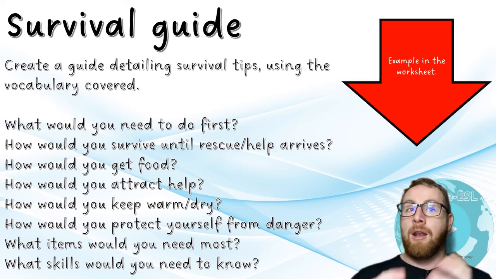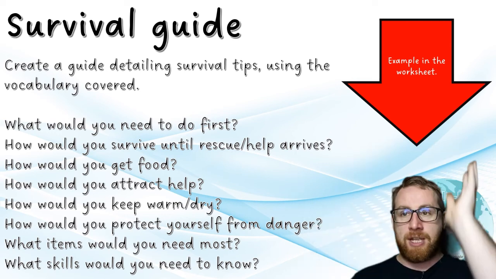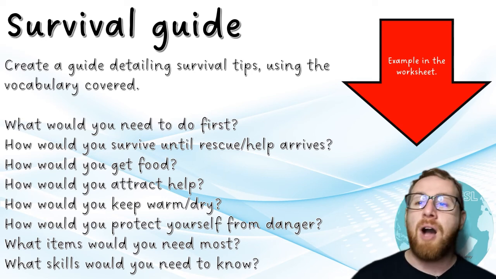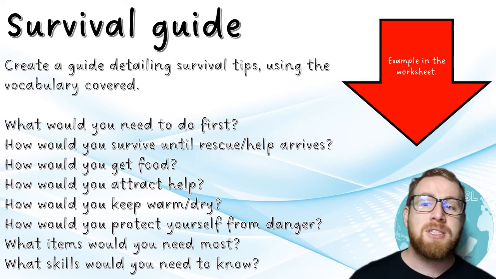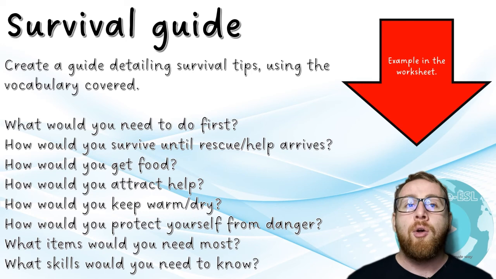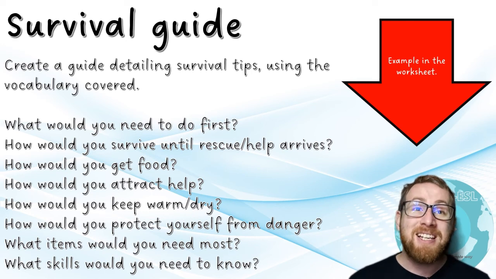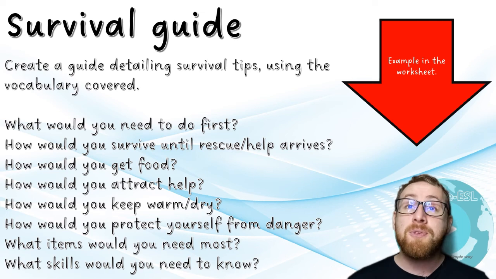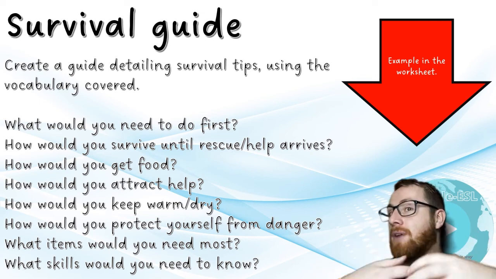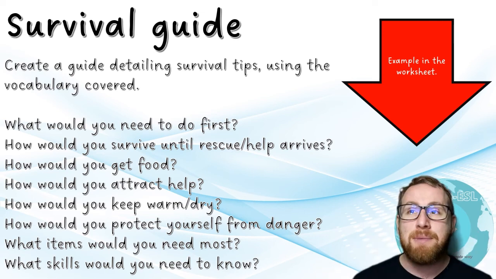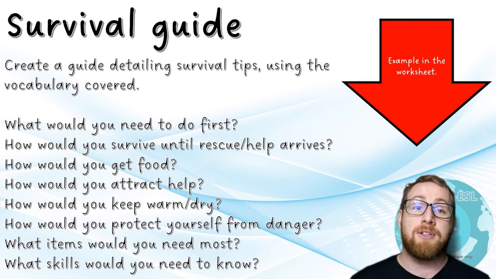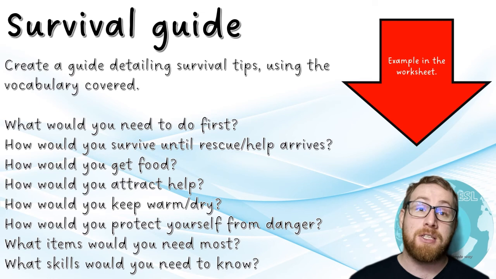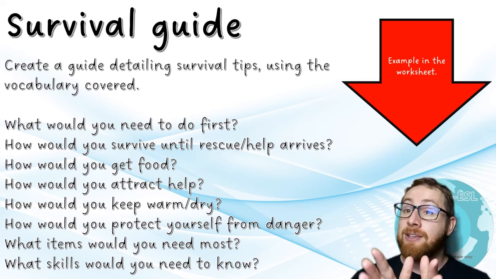I would light a fire, create smoke signals. So these are examples. What items would you use? What skills would you need? Write a survival guide. There's an example in the worksheet. So if you get that, you can use this to build your own survival guide, detailing tips and using the vocabulary covered. So this brings us to the end of our survival lesson, and I'm glad that you survived it.